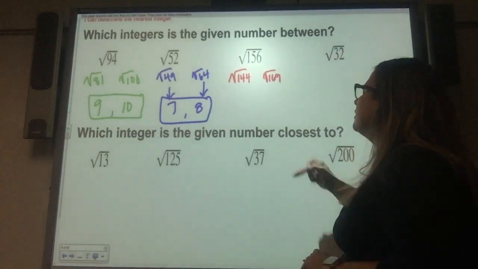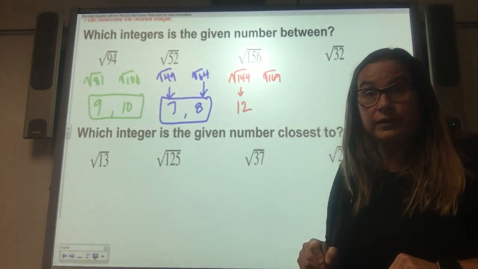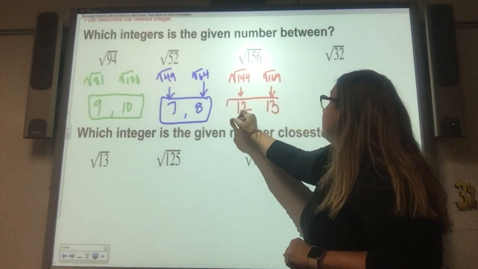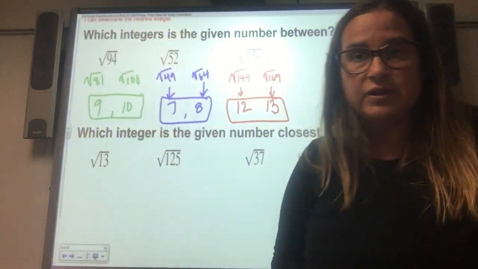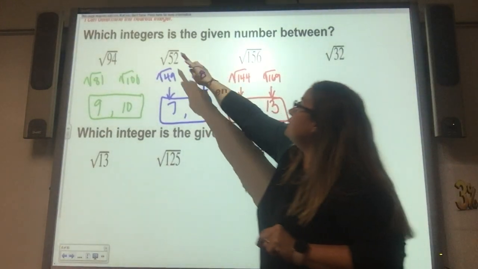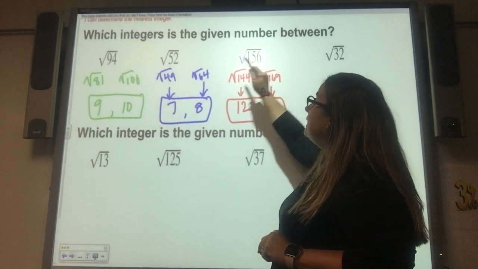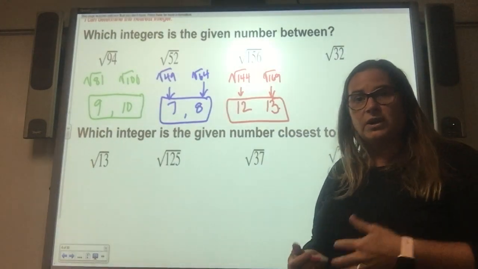We got to practice more. So the square root of 144 is 12. The square root of 169 is 13. It is between 12 and 13. Which integers is the given number between? It is between 12 and 13. That's the question we're continuing to answer.